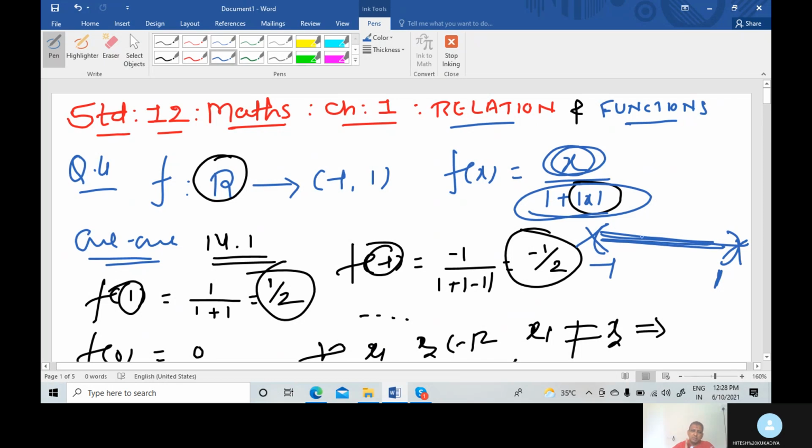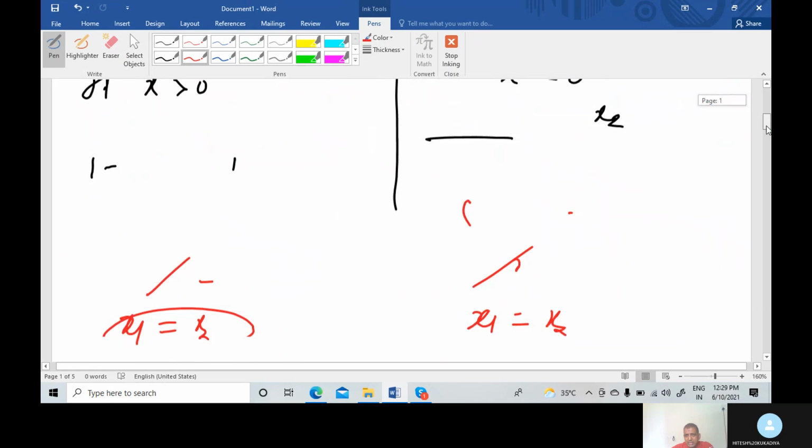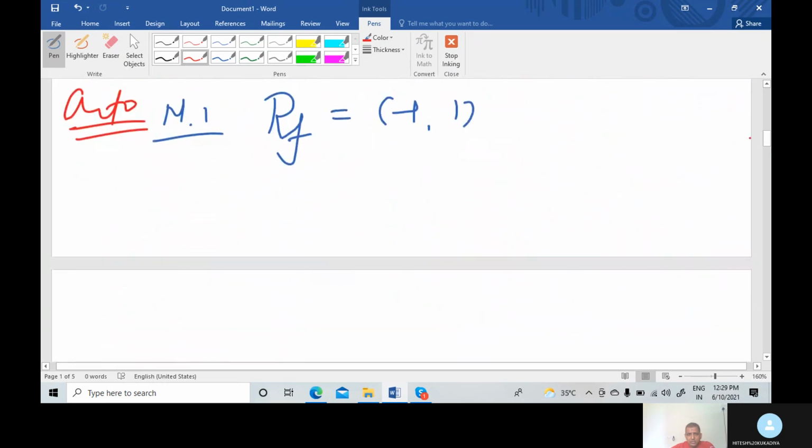Is that clear? So our range and codomain are equal, therefore it is an onto function.